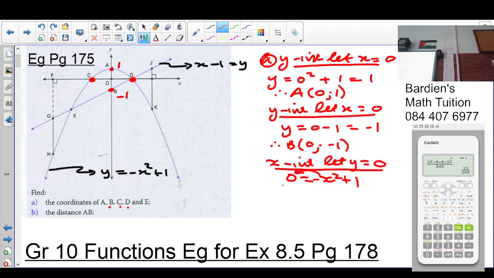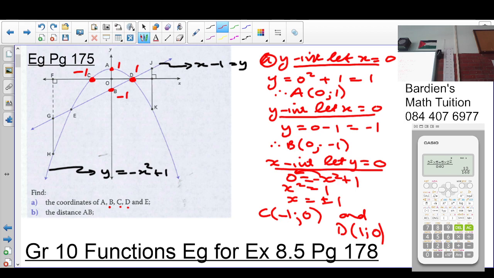They get over the equal sign, it becomes x squared is equal to 1. Square root, x is equal to plus or minus 1. Did we answer the question? No. We must write it in coordinate form. So C is negative 1 and 0 on the negative x-axis, and D is 1 and 0.